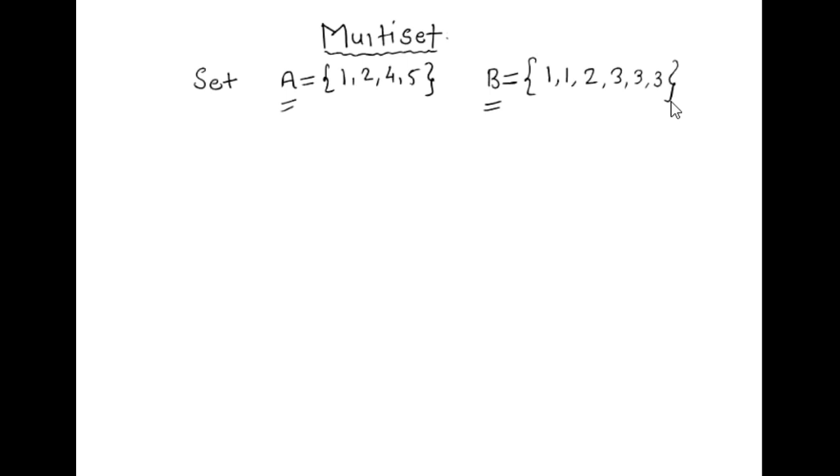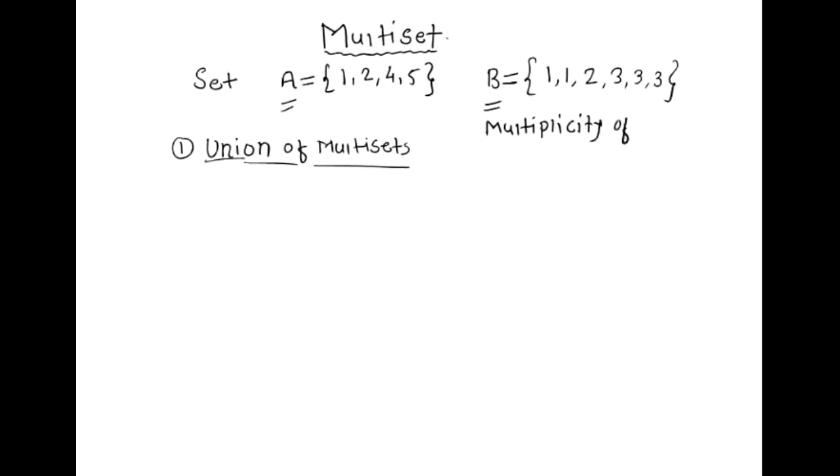Now we'll see some basic set operations on this multiset. So very first operation is union. Now before understanding these operations on the multiset, we need to understand an important definition called multiplicity of element in the multiset.